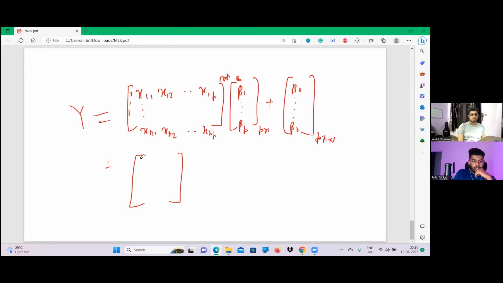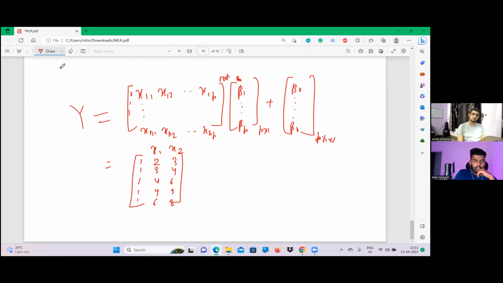So let's say we have one here. Let's say x1 and x2 are the two features, and let's represent them by some numbers. Then your beta is equal to x transpose x inverse x transpose y.